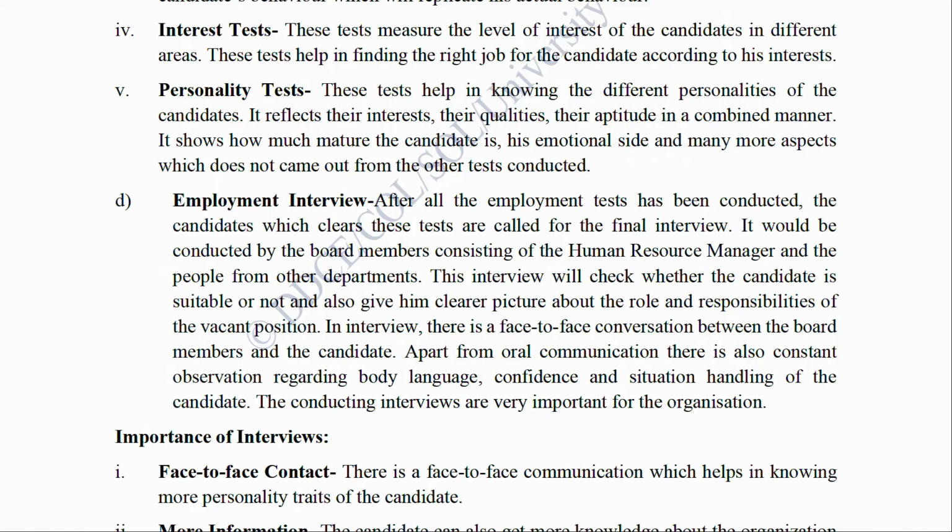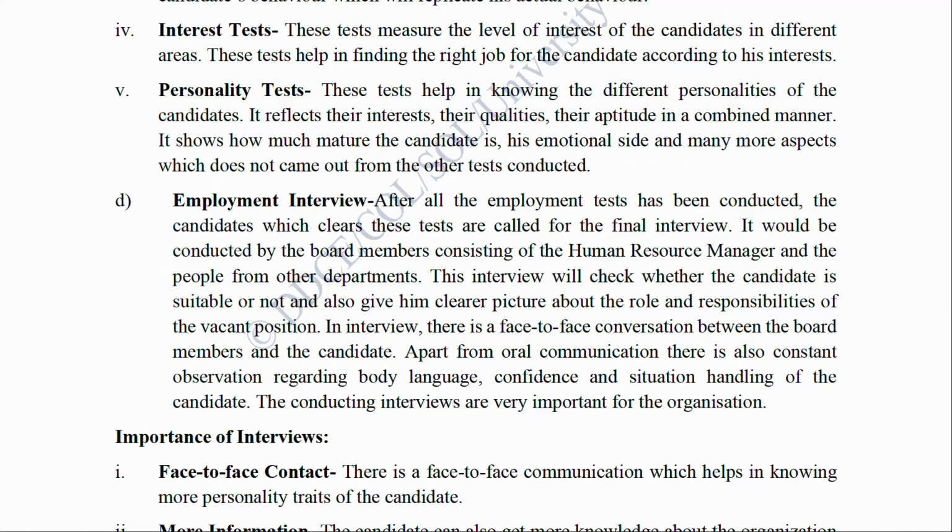Fourth step, employment interview. After all the employment tests have been conducted, the candidates who clear these tests are called for the final interview. It would be conducted by the board members consisting of the human resource manager and the people from other departments. This interview will check whether the candidate is suitable or not and also give him a clearer picture about the role and responsibilities of the vacant position.